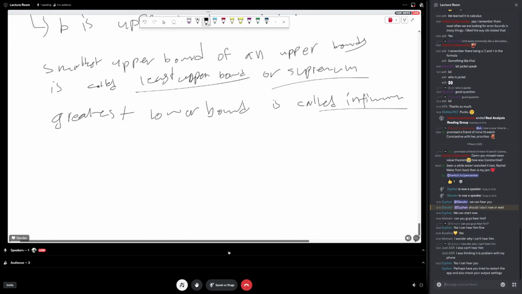Then we have what we call an ordered set. An ordered set is any set that has an order relation on it.